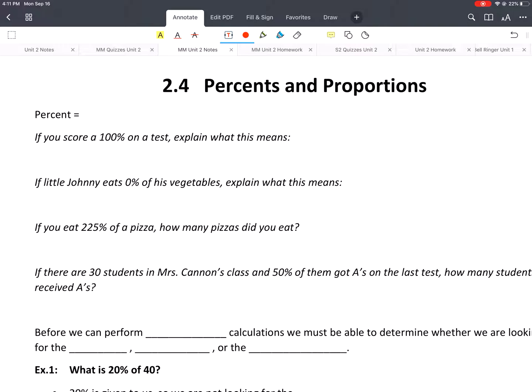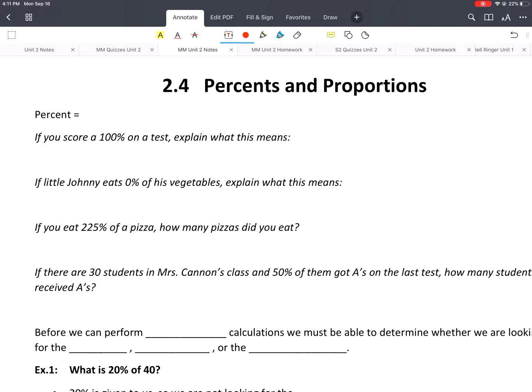So percents, what is a percent? Well, if we talk about money, a cent is 1/100th of a dollar. Percent is the same sort of thing. Cent has to do with 100, and per means like for.